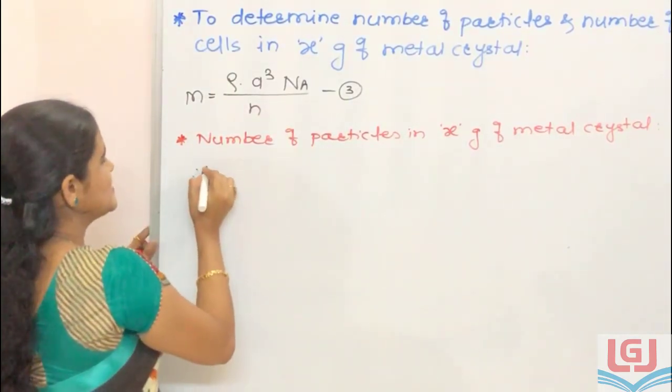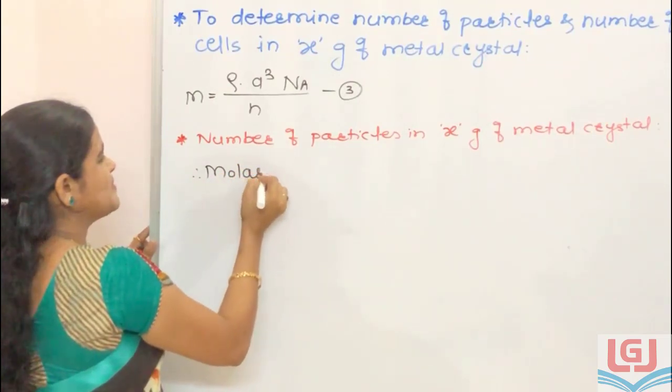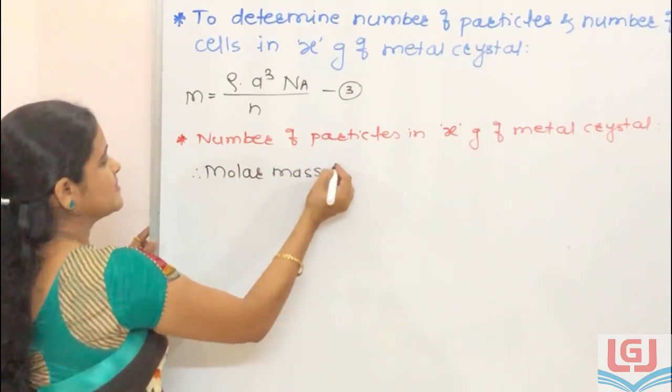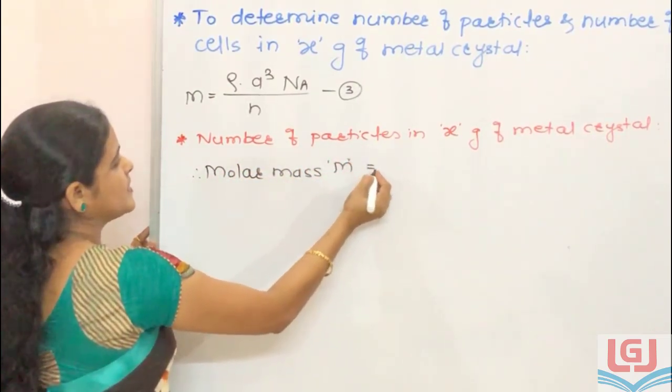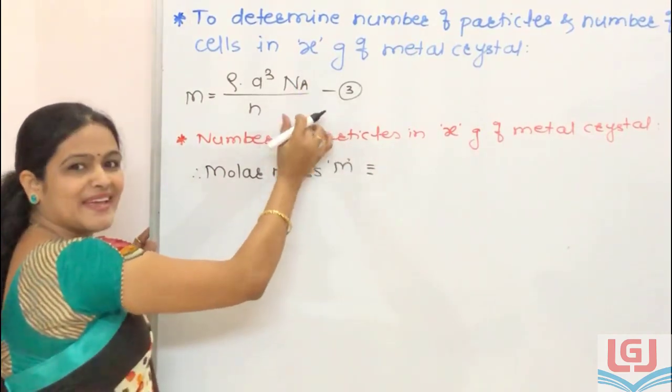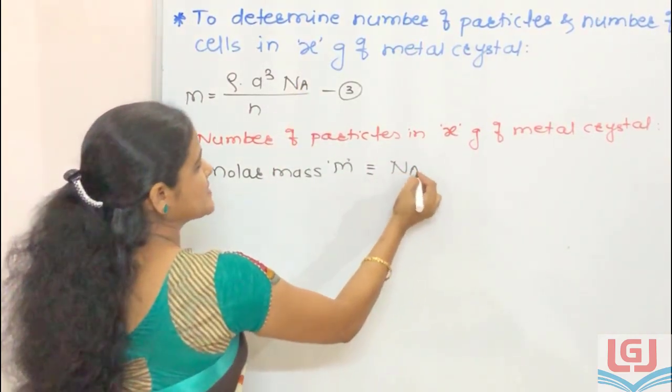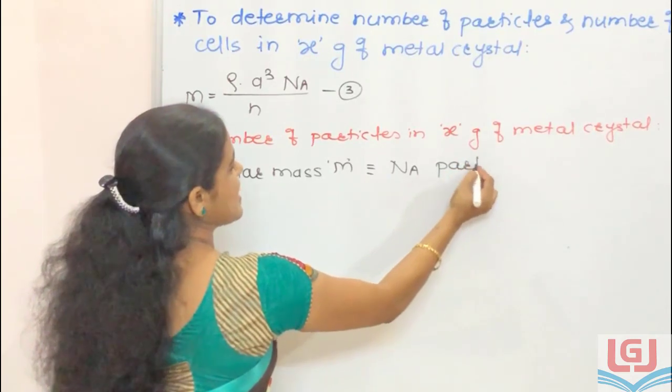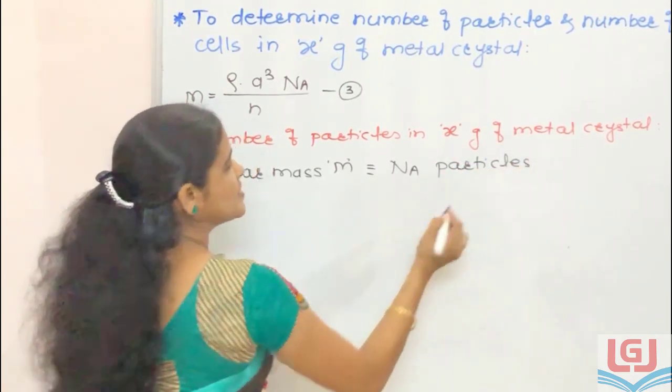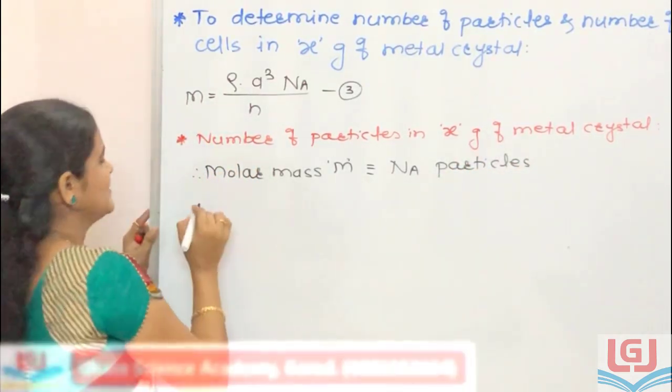So we can write molar mass M corresponds to Na particles, that means Avogadro's number of particles.